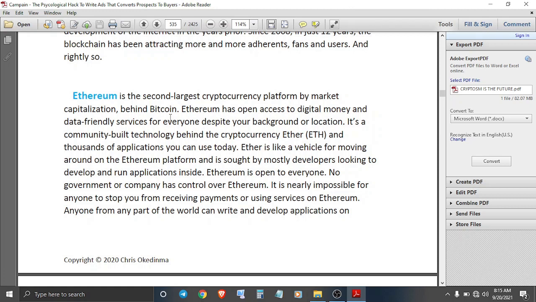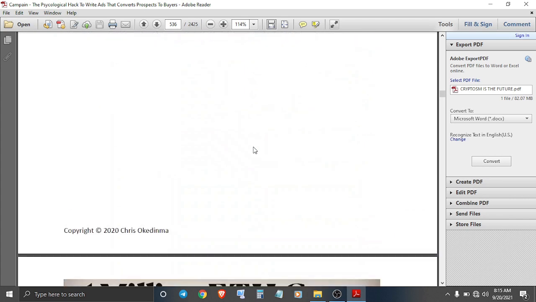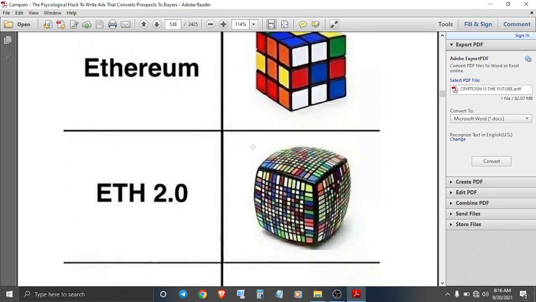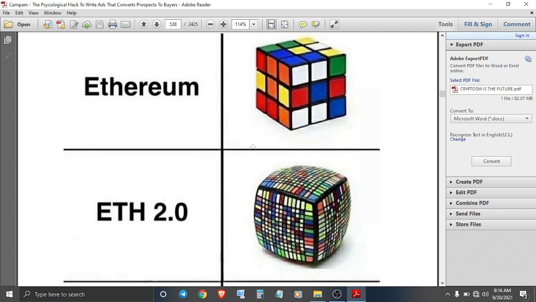Ethereum is also a cryptocurrency, but it is somehow different from Bitcoin. Ethereum is a blockchain itself. It's a blockchain network. I'll show you a diagram. Now, this is the diagram I want to show you.